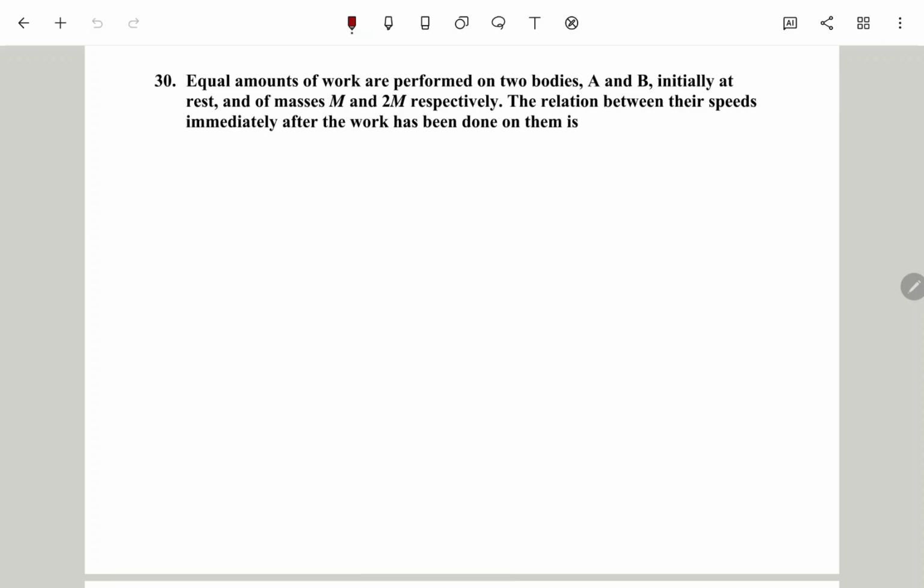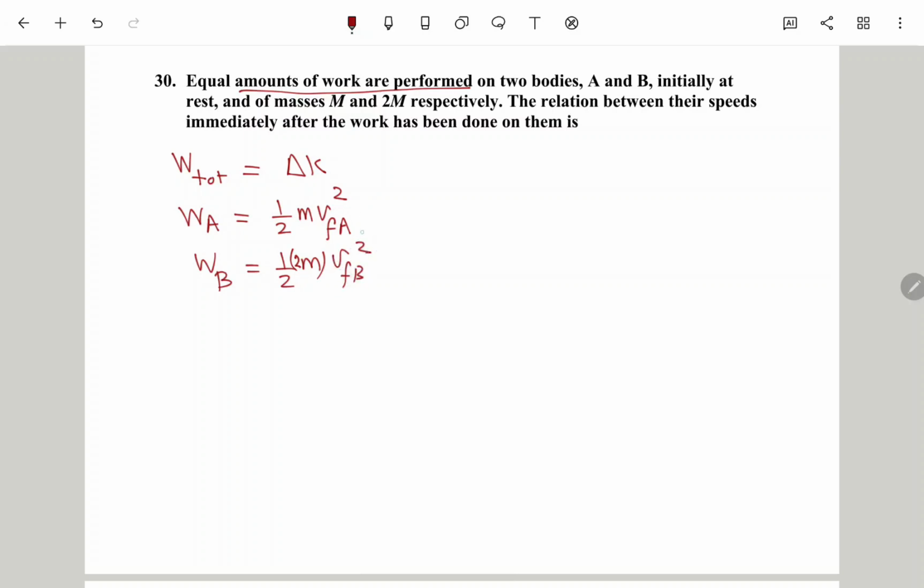Equal amounts of work are performed on two bodies, A and B, initially at rest, and of masses m and 2m respectively. The relation between their speeds immediately after the work has been done on them is, now work total is equal to delta K, so work A is equal to half m V final A squared, work B is half m, it's actually 2m V final B squared.